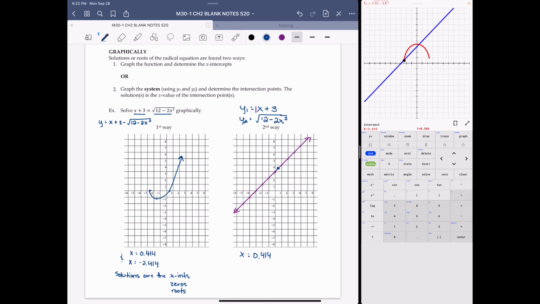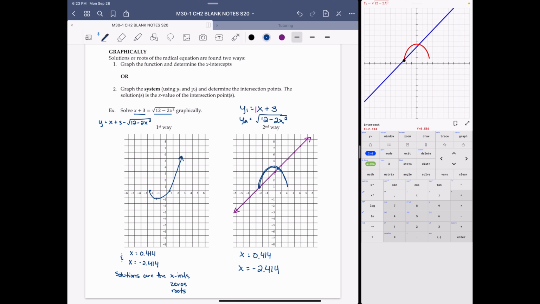And it is negative 2.414, and y is 0.586. So about there. And then we can just join those points together, continue it down to make our graph.